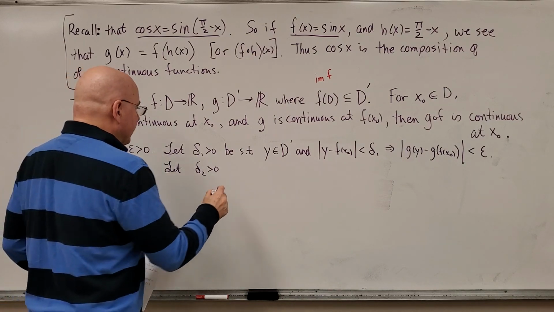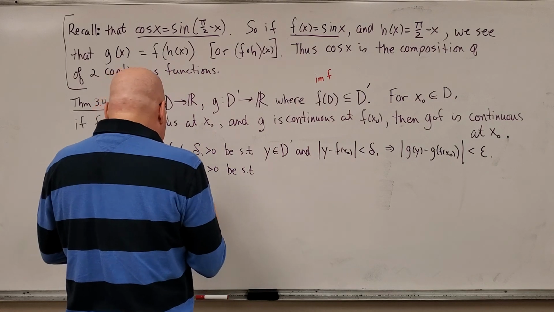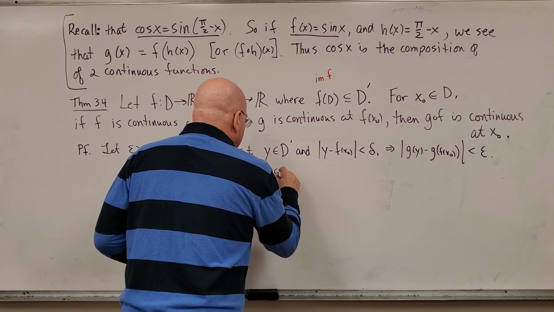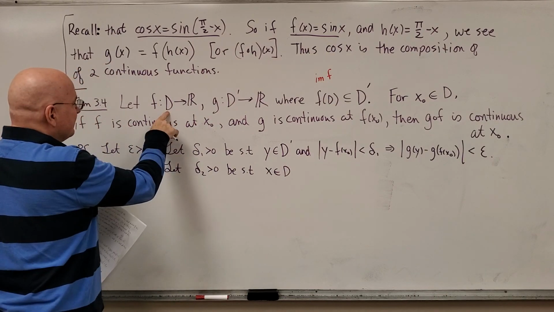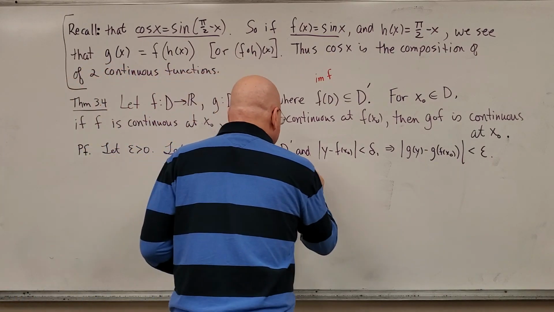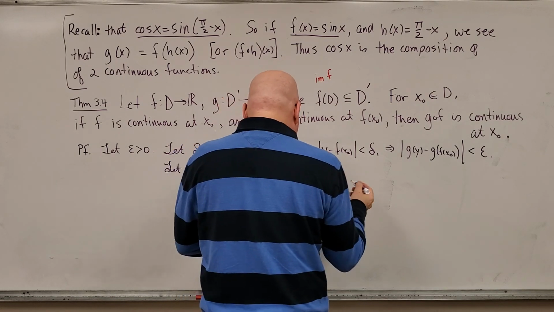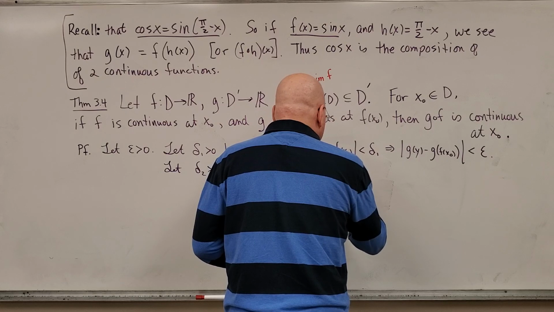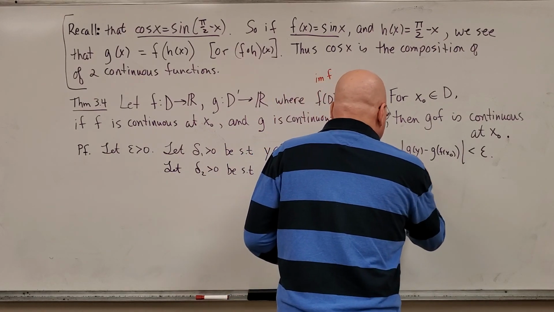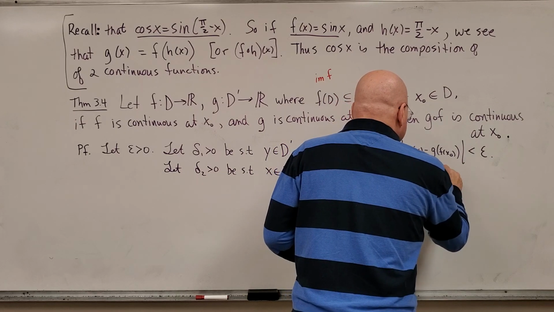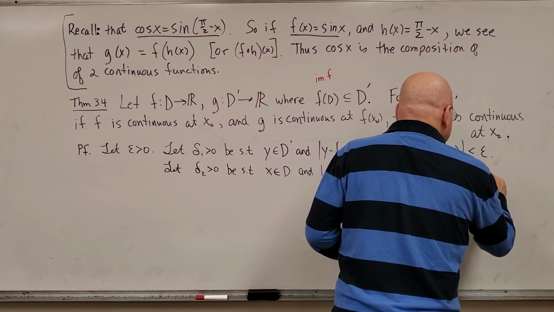All right, now we need a delta 2, a two-step process here. Let delta 2 greater than 0 be such that x in the domain, that's going to be our starting number, and the absolute value of x minus x naught less than delta 2 implies the absolute value of f of x minus f of x naught is less than delta 1.